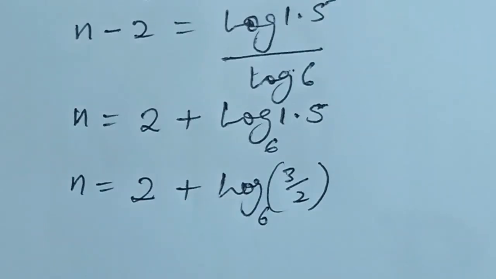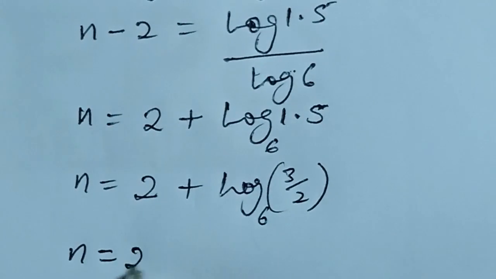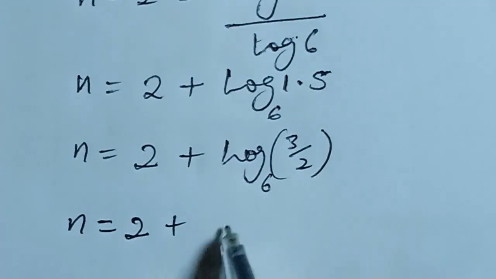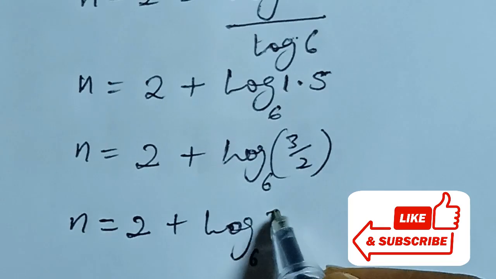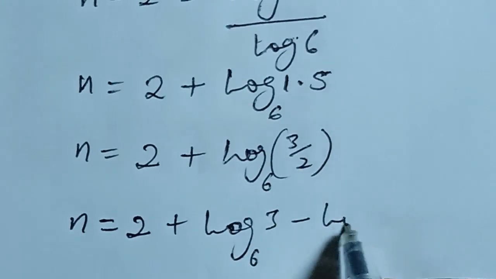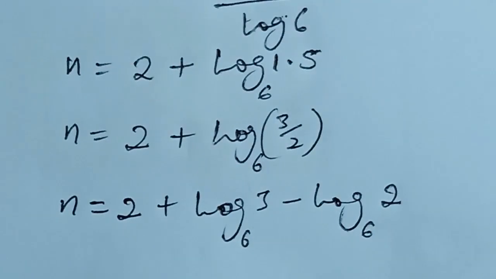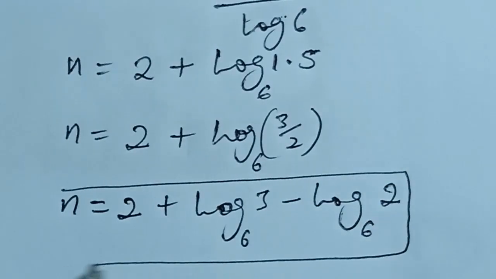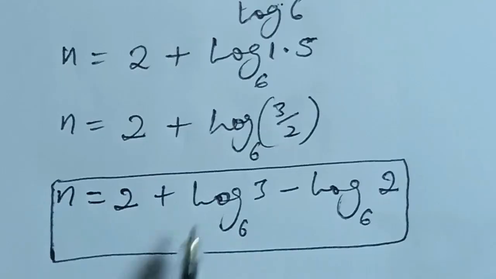Using our log identity, n will now become n equal to 2 plus log base 6 of 3 minus log base 6 of 2. This will now be our value of n using the shortcut method.